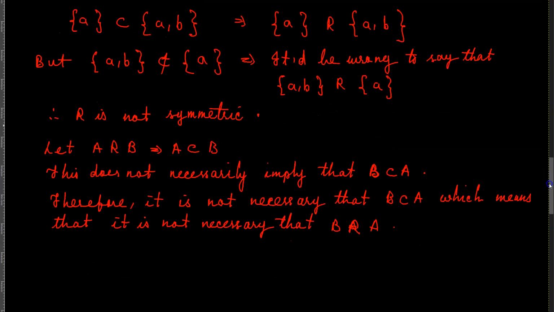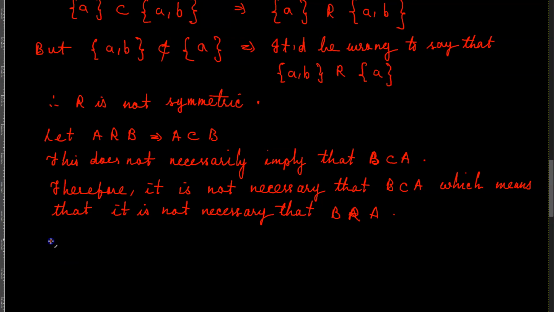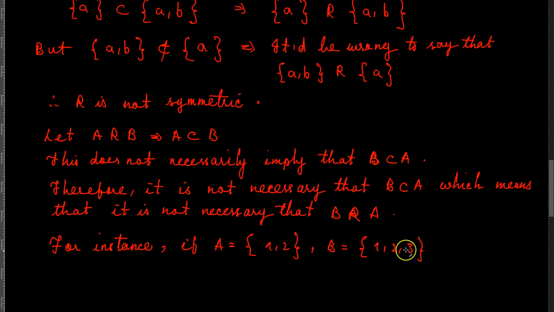Now, to give you another example here, they have written, for instance, if A is a set containing 1 and 2, and B is a set containing 1, 2, and 3, right?